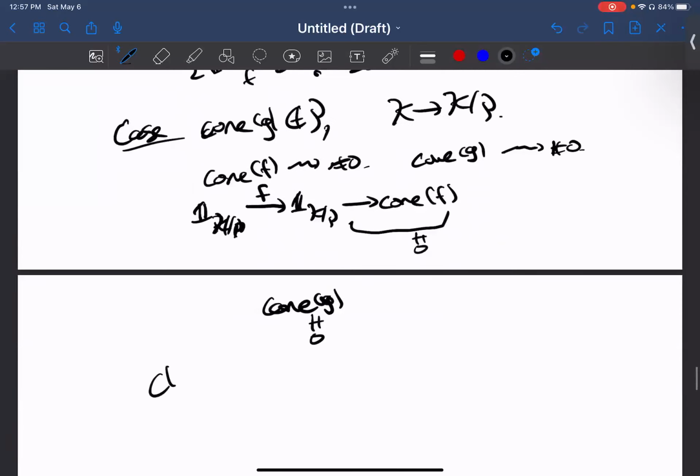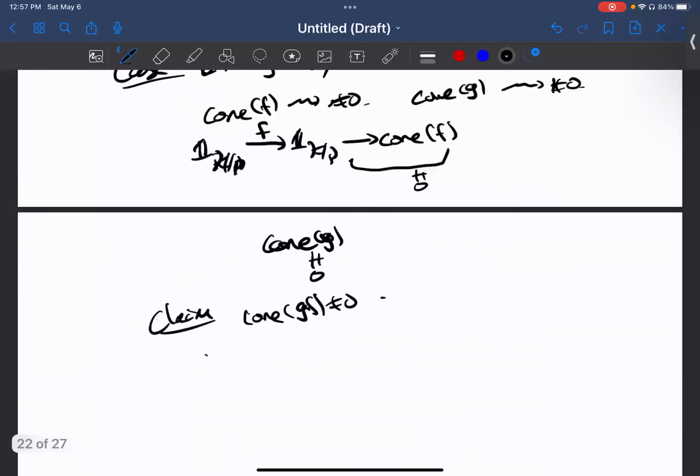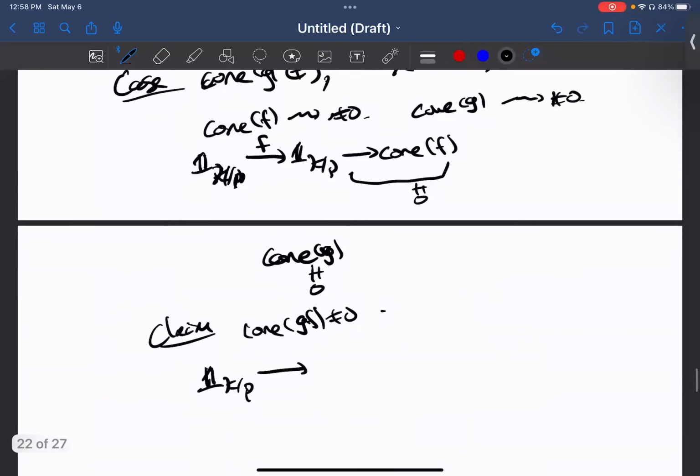And we claim that the cone of GF is not equal to 0. So this last condition is equivalent to 1 in this localization mapping over to 1 here.